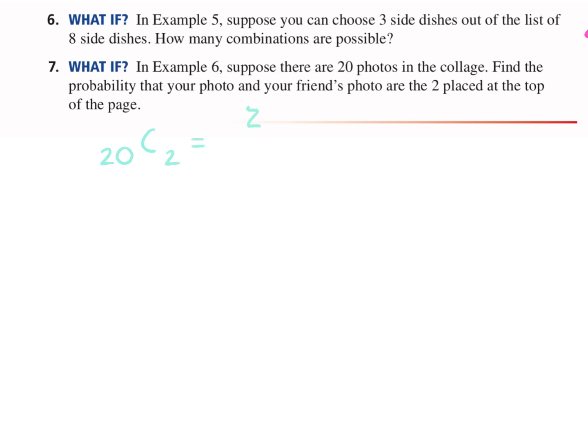So we have 20 factorial on the top over 20 minus 2 factorial times 2 factorial. So on the top, I have 20 times 19 times 18 factorial, and I'm going to stop there because I see on the bottom, what's 20 minus 2? 18. So I have 18 factorial on the bottom times 2 factorial, which is just 2 times 1.